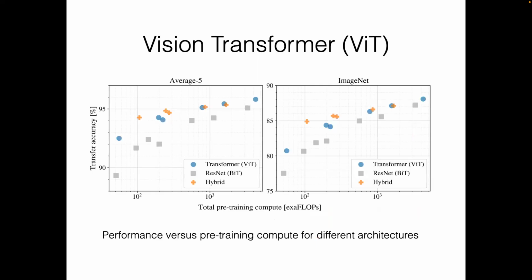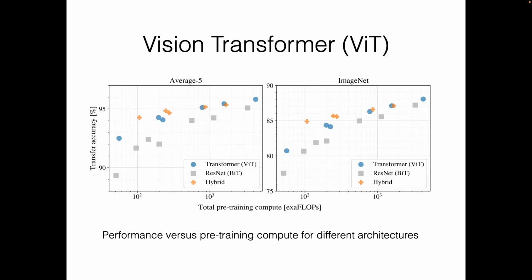So maybe this comment I just made is related to this plot here. Here we are looking at the pre-training compute on the x-axis, and on the y-axis, you're seeing accuracy on different tasks. Here you have this ResNet architecture, which was one of the popular ones at the time.